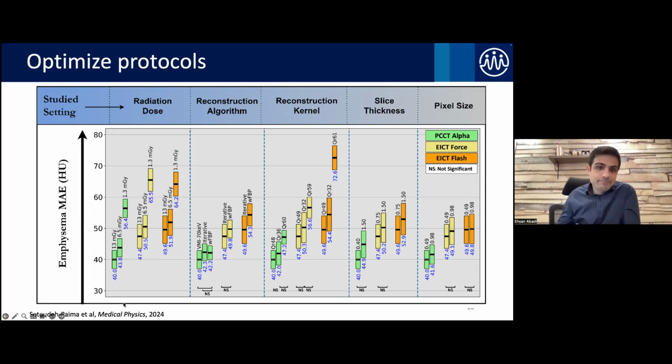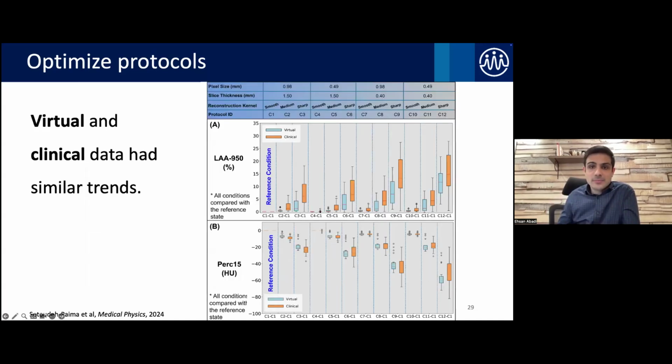This is a study that I could not do with real patients. I cannot ask a patient to get imaged with three different scanners, three different dose levels. And even if I could, I don't know the truth value, so I cannot really measure the errors in their density of the lungs.